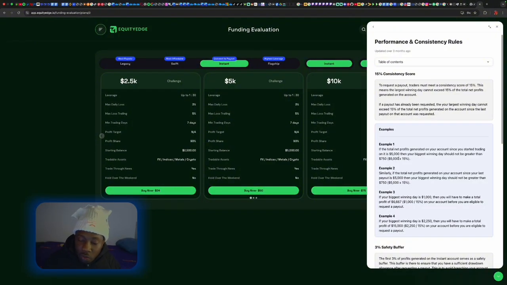And on top of that, you need to keep the trailing loss of 5% again. So this is the tricky rule about these prop firms.